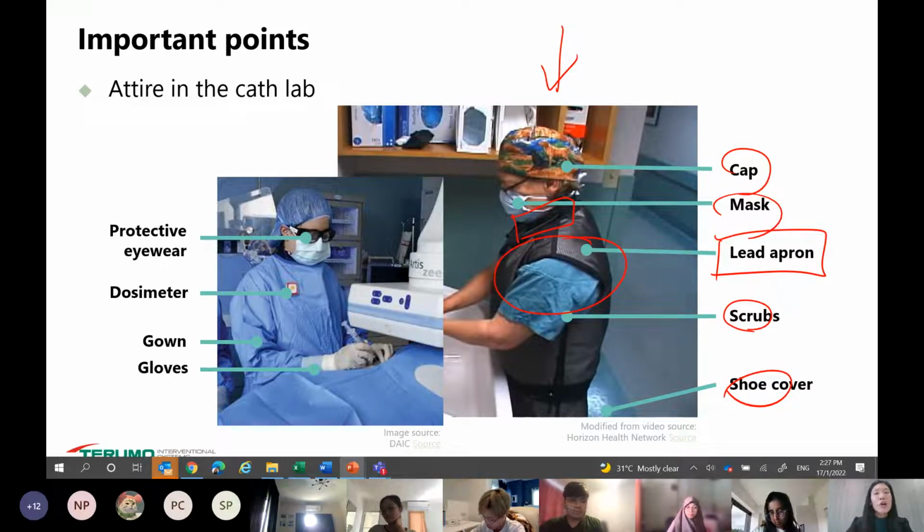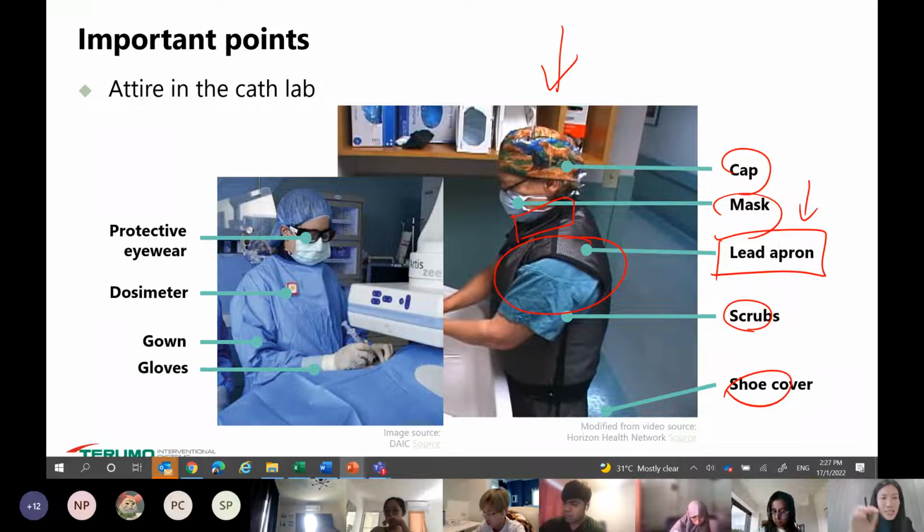So it protects this core area so that the radiation to these parts will be minimized. In the control room, typically you won't be requested to wear this lead apron since you are separated by the glass window and there's some distance already. But just in case you have to be in the cath lab, they will request for you to be in the lead apron.